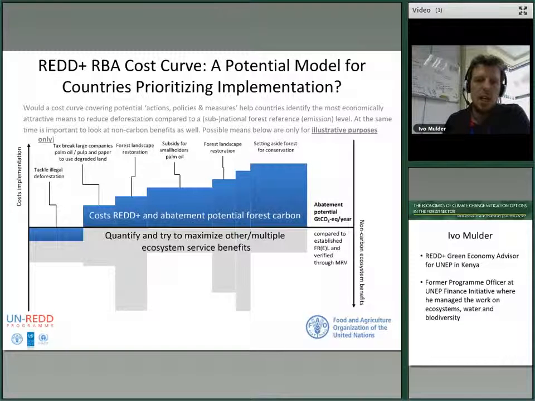There are of course also other types of what I would call policies and measures to counter deforestation. And what you see in the graph here is just a schematic, only for illustrative purposes, that could perhaps be beneficial for countries seeking to implement REDD+ and simply want to know how should I go about this.